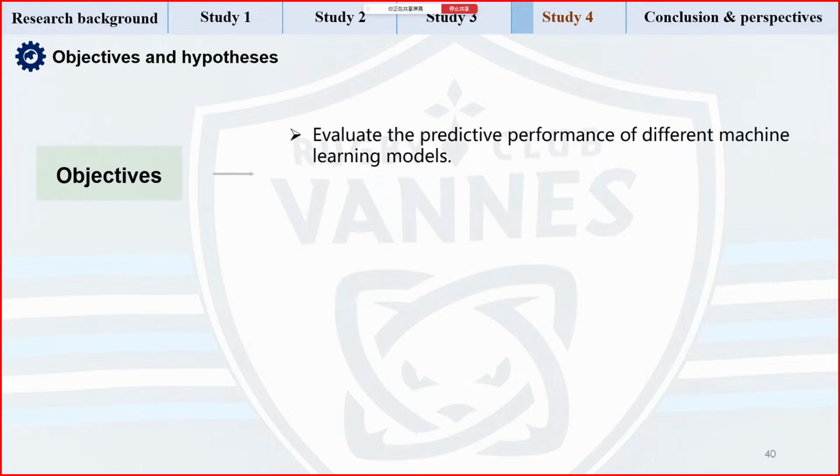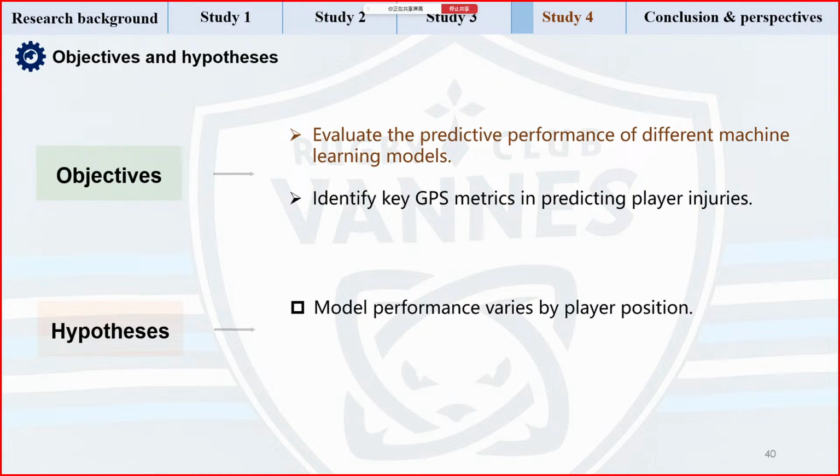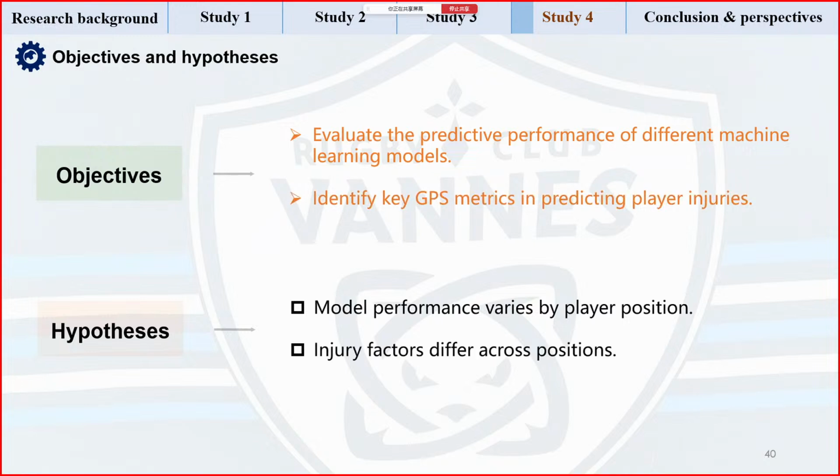In this study, our goal is to evaluate the predictive performance of different machine learning models and to identify key GPS metrics in predicting player injuries. We hypothesized that model performance varied by player position, and the injury factors differ across positions.